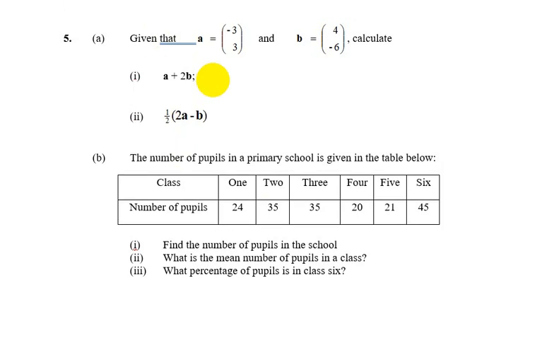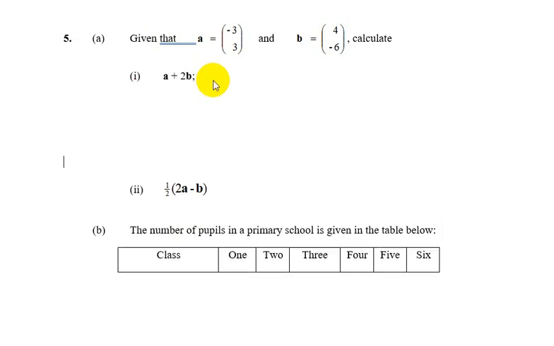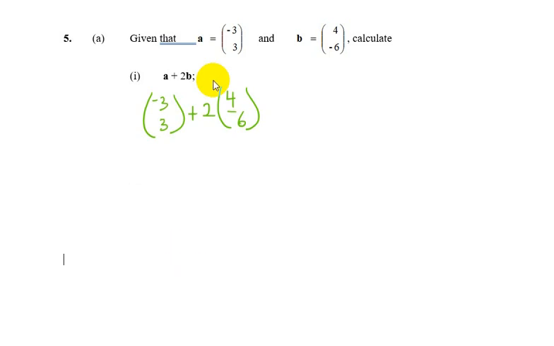Now let's take the first one. They said A is minus 3, so I'll just write it down. So it will be minus 3 in a bracket plus 2 bracket. The B is 4 minus 6, like that, right? I hope it's clear.